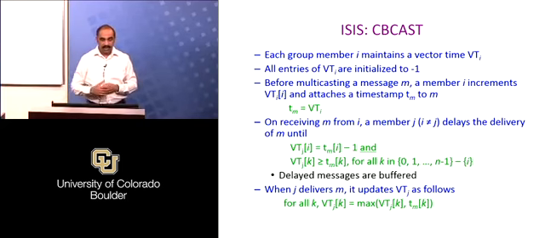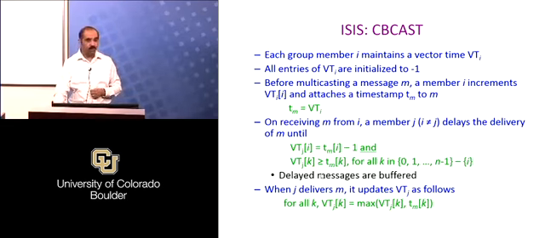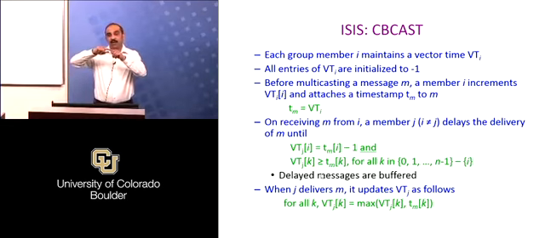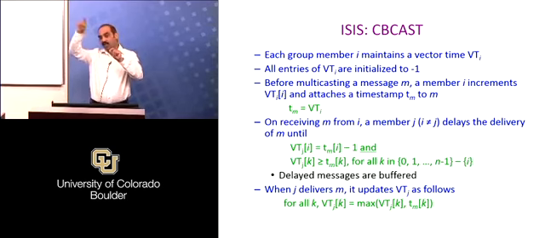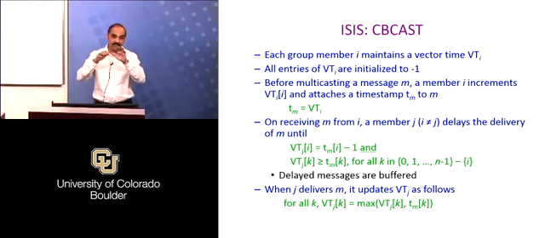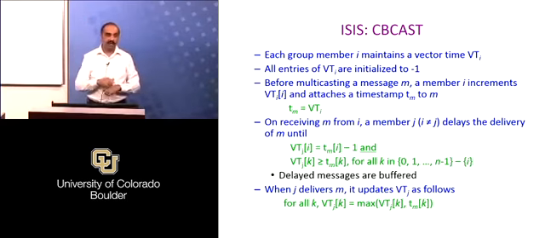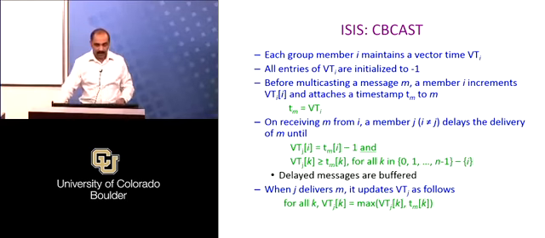Now the second condition is a little bit more involved, because now this is talking about what happens when the message was sent from this I, received at another process K, and then K sent a message, and I have seen this message already. So it's looking at a bigger loop now. It's looking at every other entry of this vector, other than the I, the sender who sent the message.